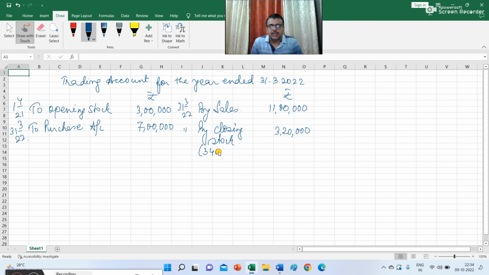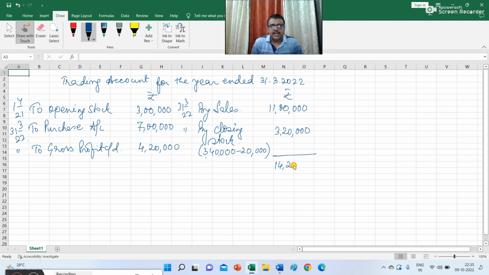So 3,40,000 is the closing stock given on 31st March 2022 and this amount is overvalued by rupees 20,000. So the closing stock on 31st March 2022 is 3,20,000. So your gross profit is the balancing figure, which is rupees 4,20,000.